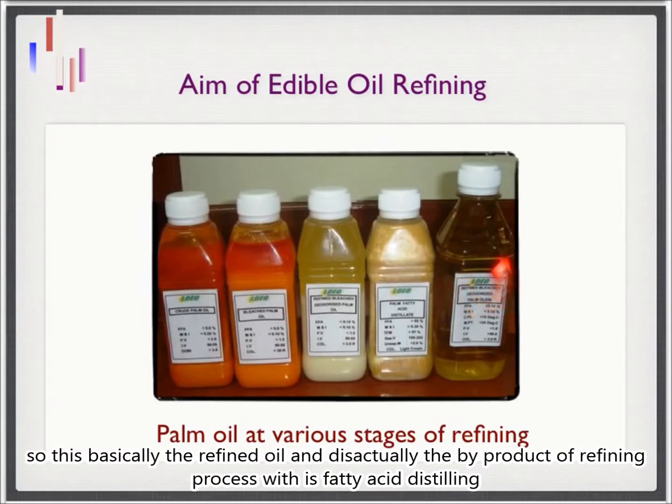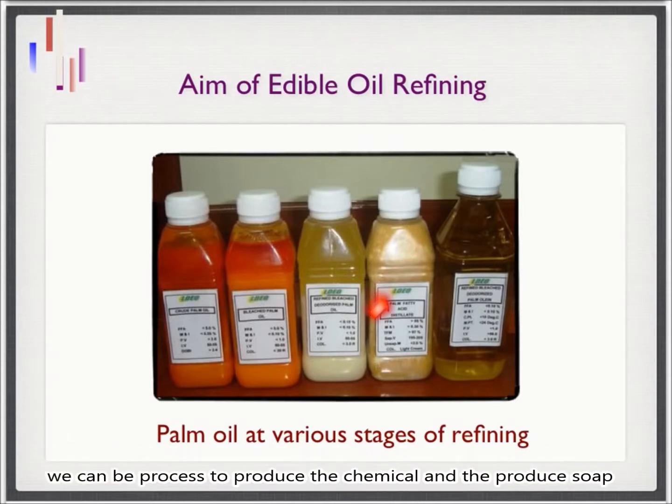So this is basically the refined oil, and this is actually the byproduct of the refining process, which is the fatty acid distillate, which can be processed further to produce other oleochemicals and to produce soap.